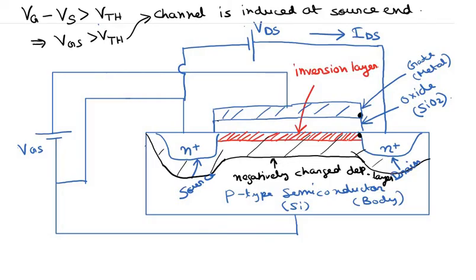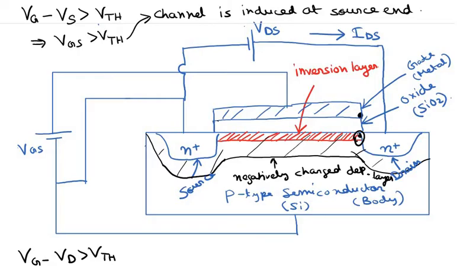So channel is induced at the drain end when the potential difference between the gate and the drain is greater than VTH, because the part of the body that is attached to the drain, that is this part, or the part of the body that is near the drain, is going to take the potential of the drain.